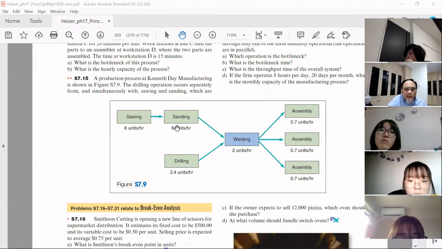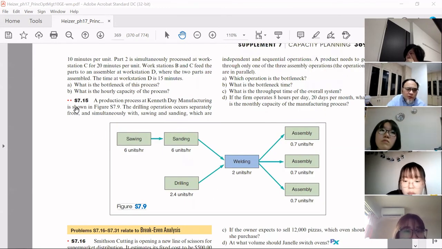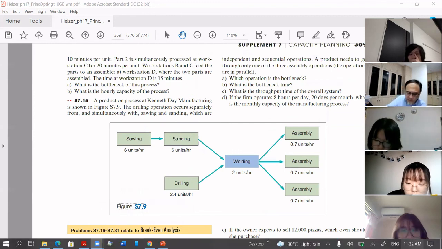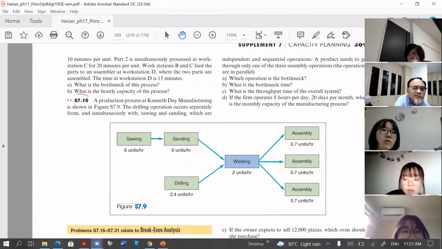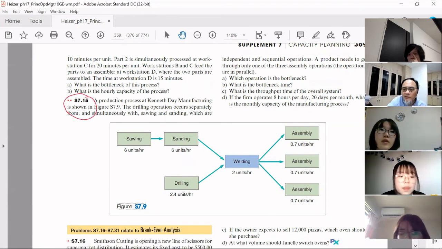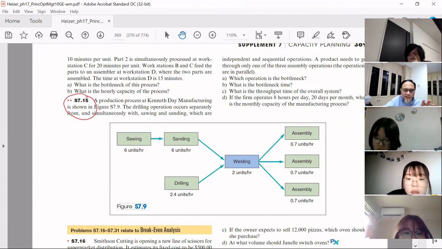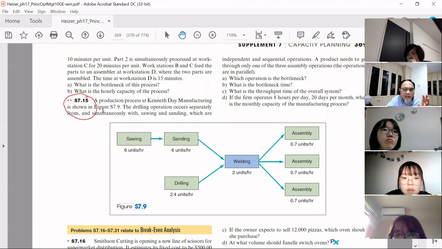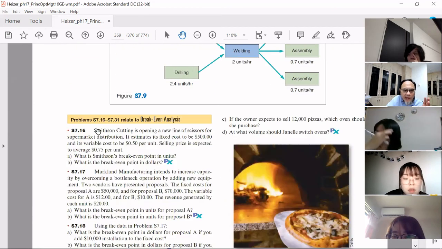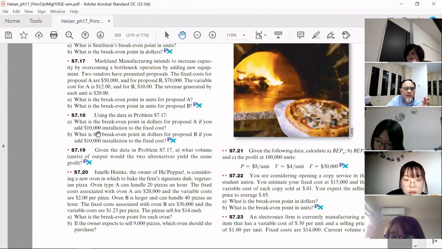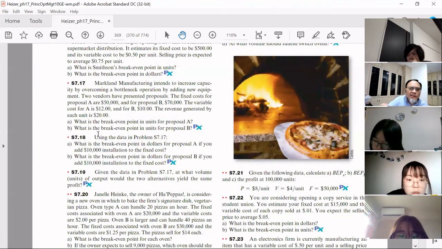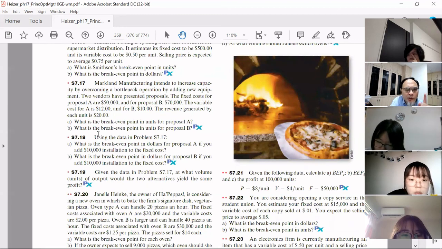If you want to try, you can do S7.15, which is also a good one. Can you see it, everyone? Yes. S7.16, and also try S7.17. This one is very simple, just one product.